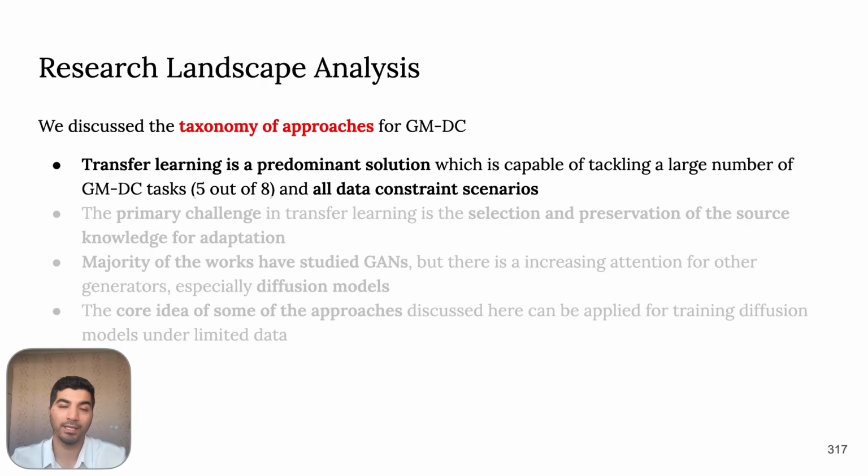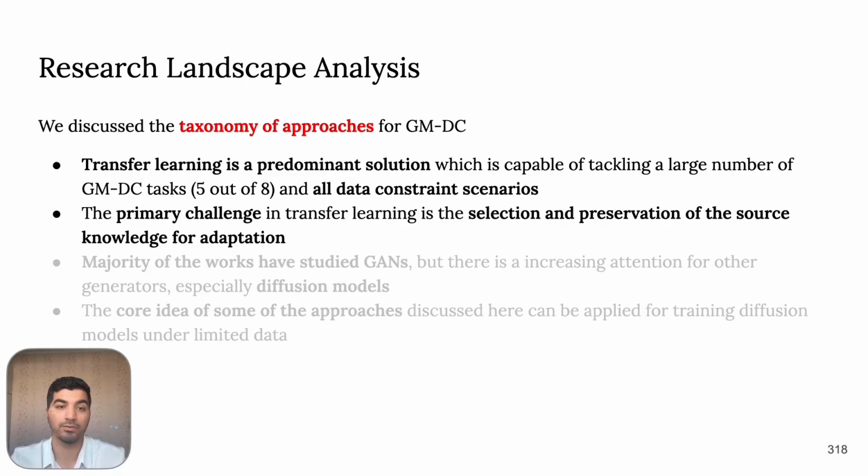In addition to that, we propose another taxonomy for approaches. In this taxonomy, transfer learning is a predominant solution, which is capable of tackling a large number of tasks, more precisely 5 out of 8. And it can also handle all data constraint scenarios. The primary challenge in transfer learning is how to select and preserve the source knowledge which is good for adaptation.